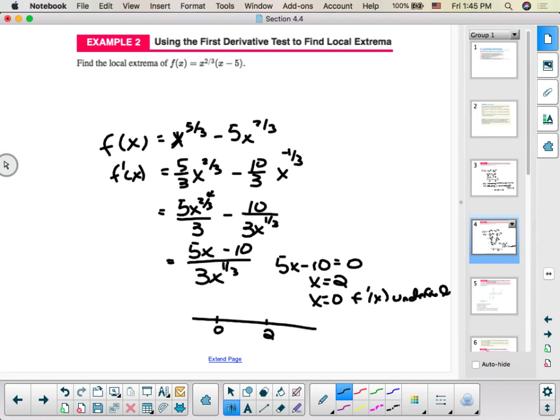If x is less than 0, the top and the bottom are both negative, so then this becomes positive. For between 0 and 2, the top is going to be negative, the bottom is going to be positive, so that gives us a negative. And if we're greater than 2, they're both positive, so that gives us a positive.